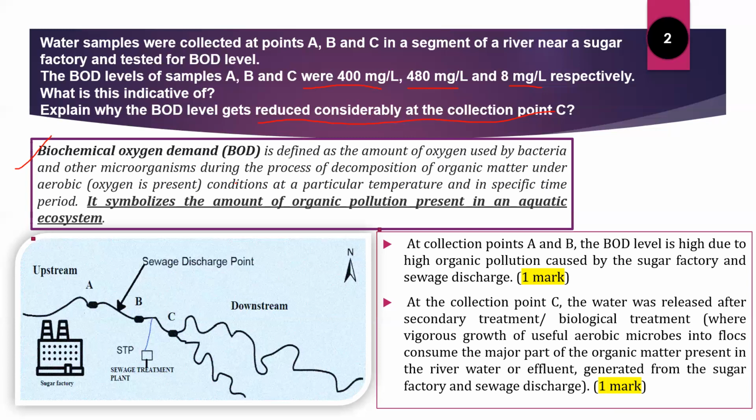So according to the question, you see the diagram. First, you have a river. There are different points A, B, C, etc. There's a sugar factory at the upstream. Also, near point B, there's a sewage discharge point.